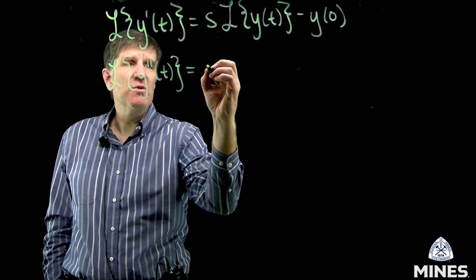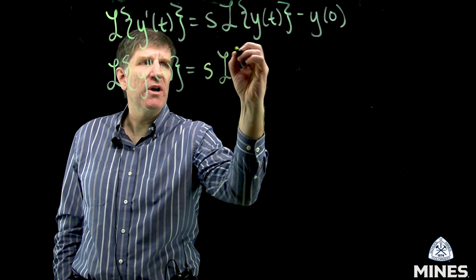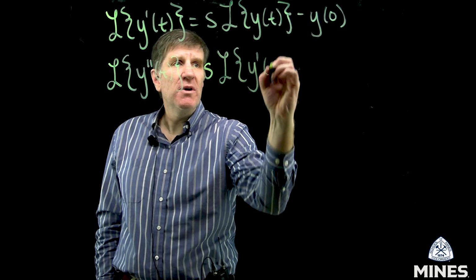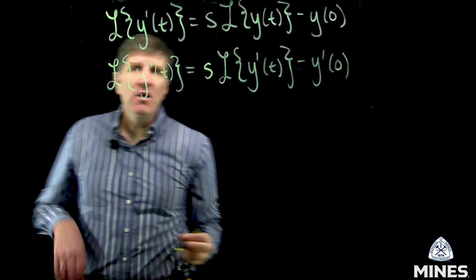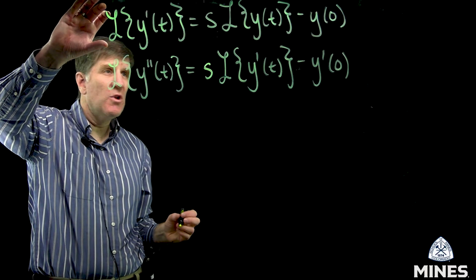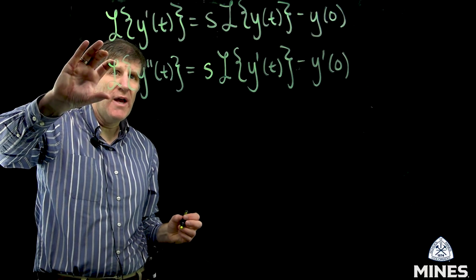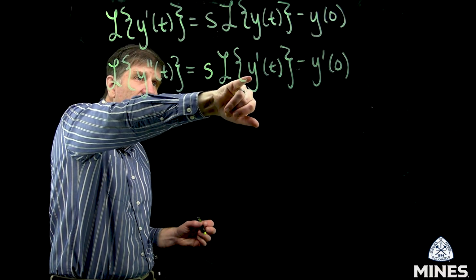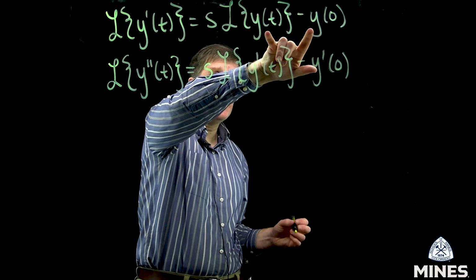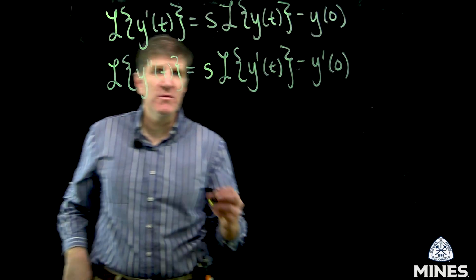So this will look like s times the Laplace transform of y prime of t minus y prime of 0. So I'm just directly applying the formula we just derived to y double prime. Again, y double prime is the derivative of y prime. So where I have y's on the right-hand side, now I have y primes.